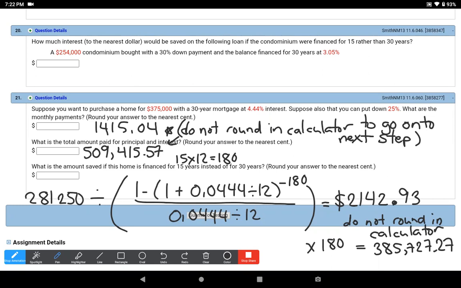So if we take this value, I'm going to use a different color. If we take the 385 away from the 509, then we'll have the difference that we're looking for, right? So we have the amount for the 30-year loan and the amount for the 15-year loan.